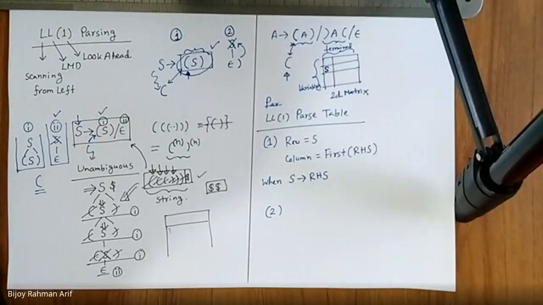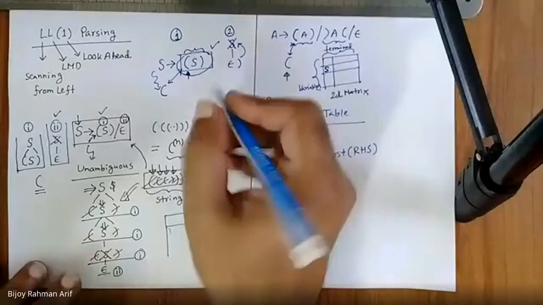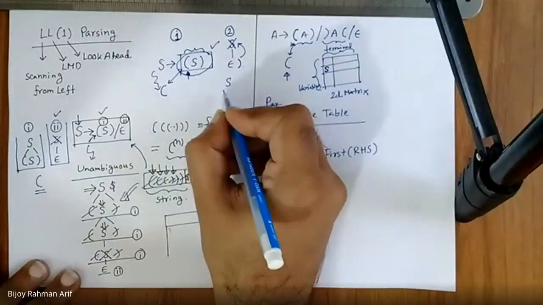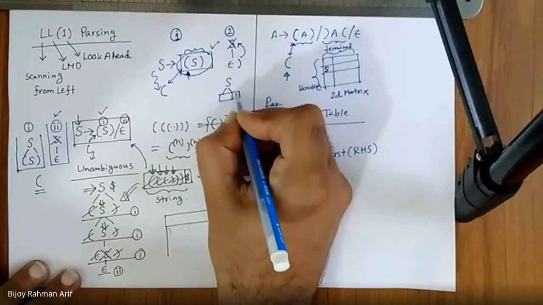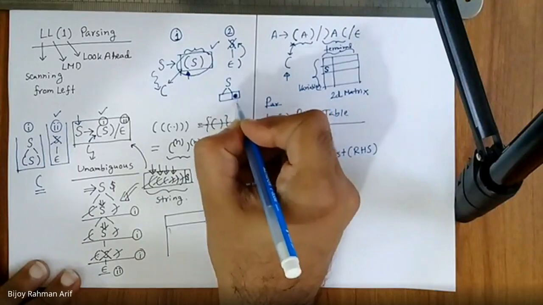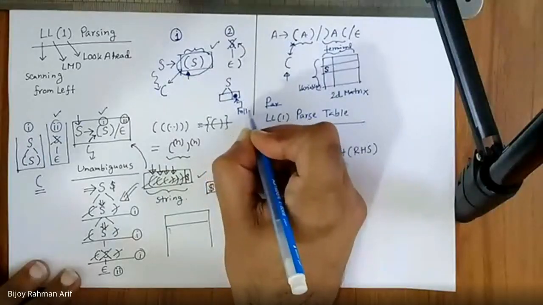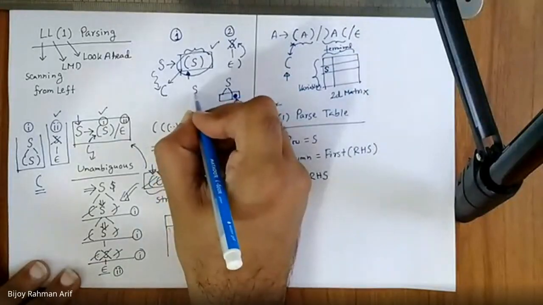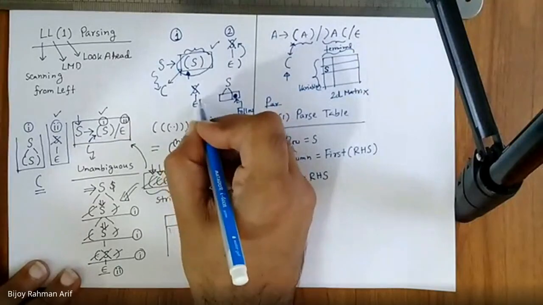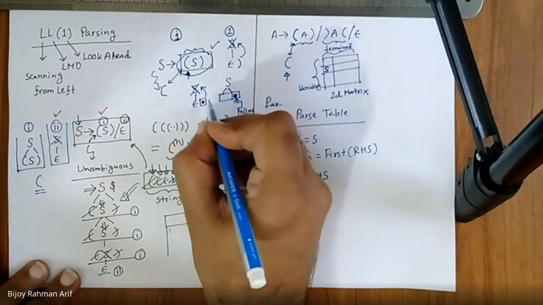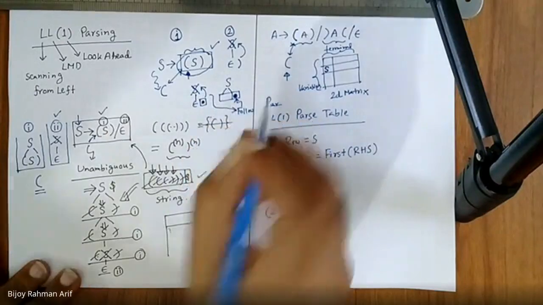Because I know that S derives something, whatever comes just after this one is nothing but follow. That is the follow. So in a string, if S derives to epsilon, that means S vanishes, and whatever comes after that must be follow of S. Is there any doubt about that?